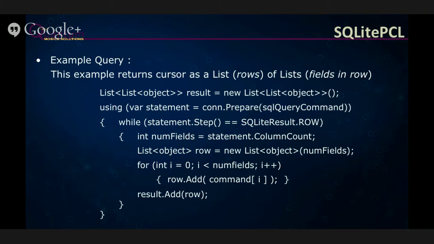It will pull back a property called column count, which gives you the number of columns that have been retrieved for that record. And then for each of those rows, you can pull out the information, and this is basically how you do it.